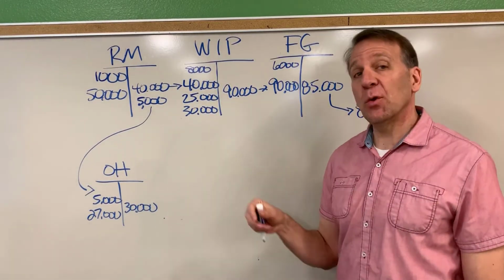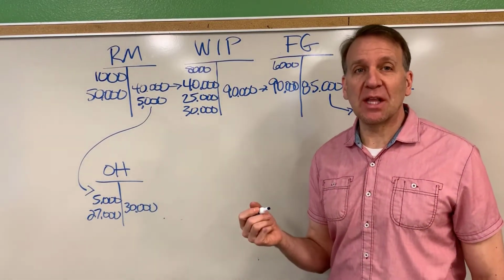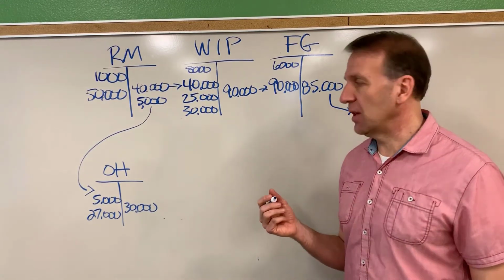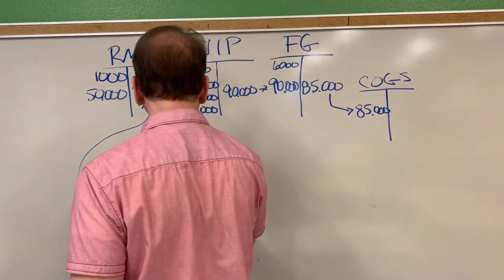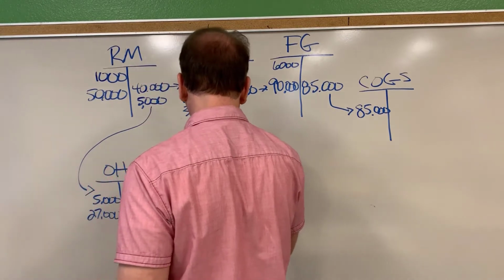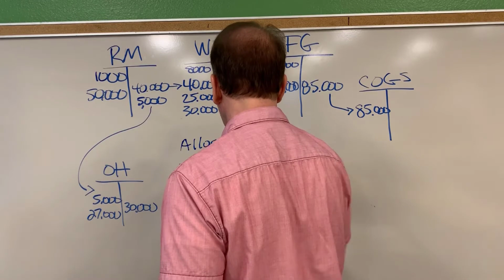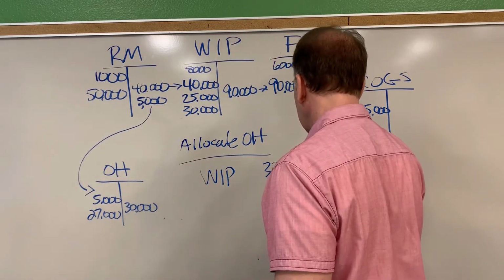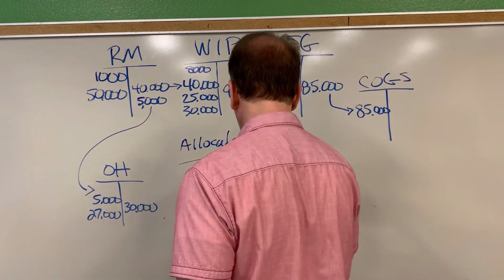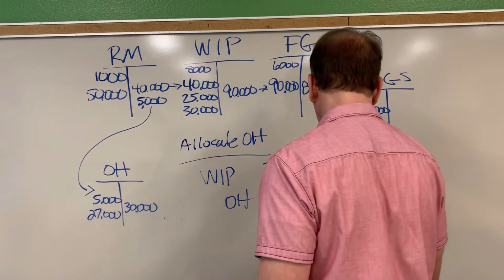The overhead we actually already did in a previous video, but let's go ahead and look at that journal entry. To allocate overhead, we're going to debit work in process, the 30,000, and credit overhead, 30,000.